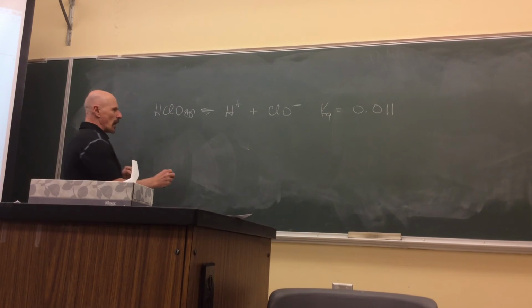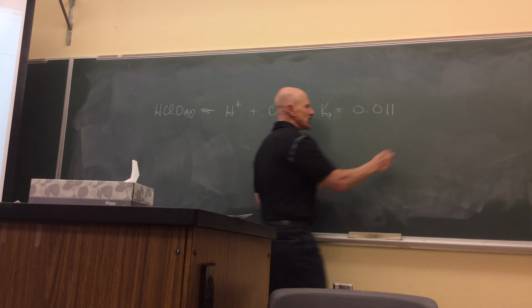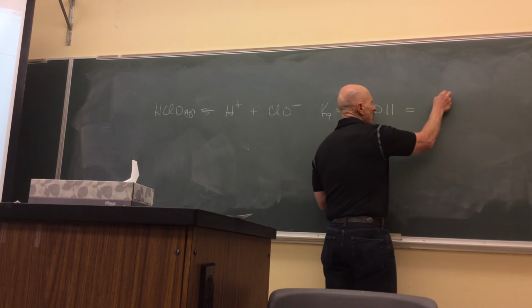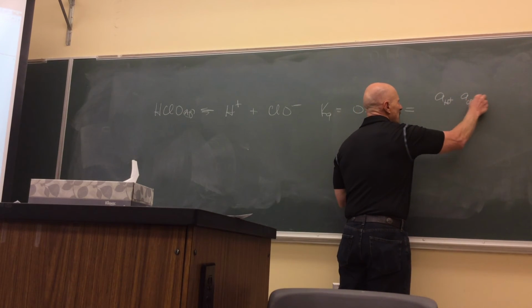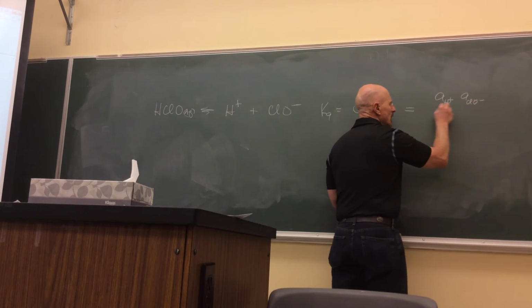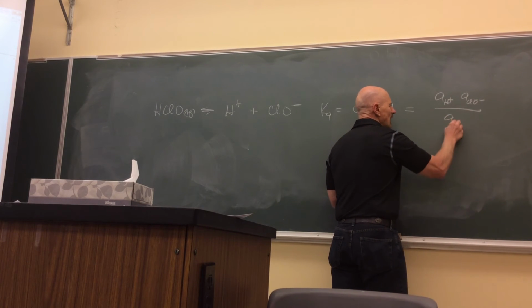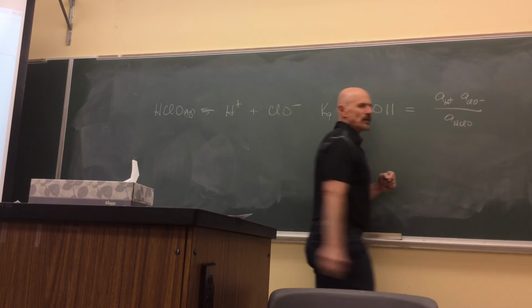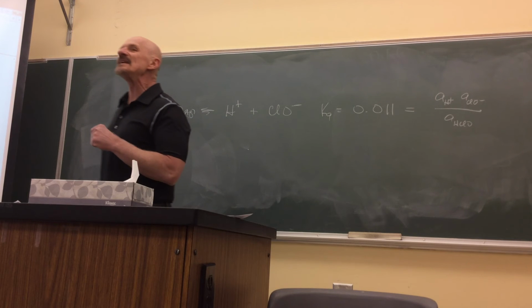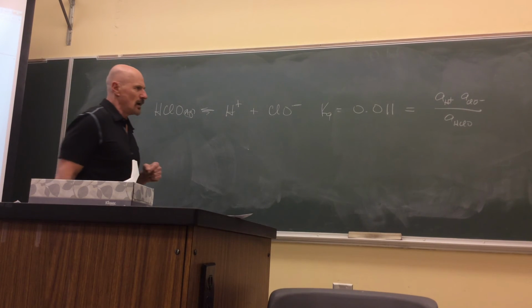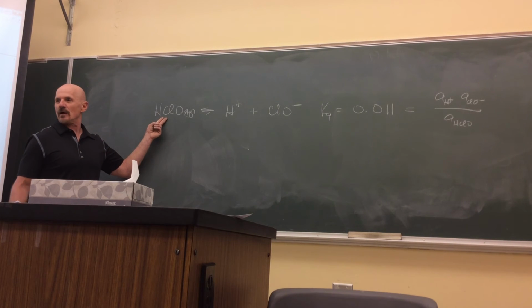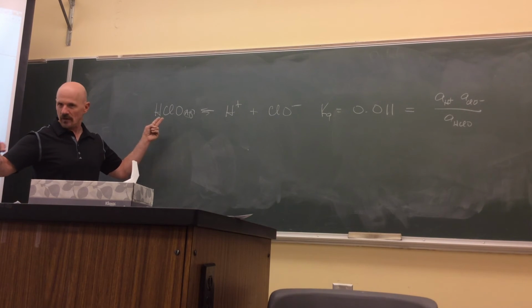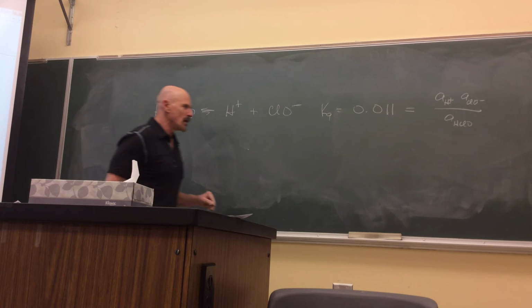We'll write the K expression. The expression will be the activity of the hydrogen ion times the activity of the hypochlorite ion, divided by the activity of the HClO. Now, to make the problem a little more tractable, I'm going to assume that the HClO is behaving in an ideal fashion, so gamma equals 1.